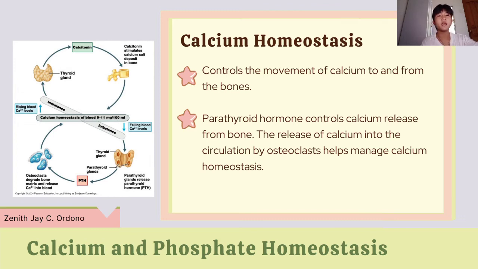The parathyroid gland's job is to keep blood calcium levels stable by producing and releasing parathyroid hormone or PTH. Parathyroid hormone suppresses osteoblast activity while stimulating osteoclast activity in the bone, resulting in bone disintegration in calcium homeostasis.